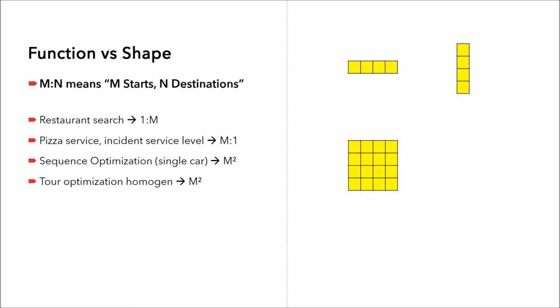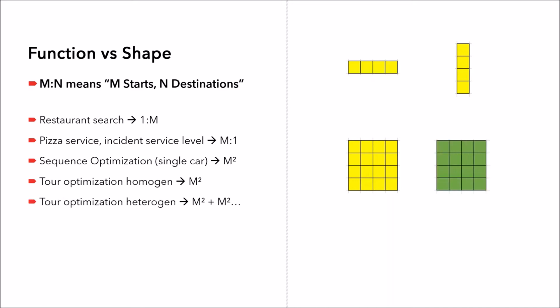So whether you have a single car or a whole fleet where each driver has the same routing characteristics, it would require the same structure of a distance matrix. It's a bit more complicated if you have a heterogeneous fleet. Then you need a single distance matrix for each routing profile you would like to apply.